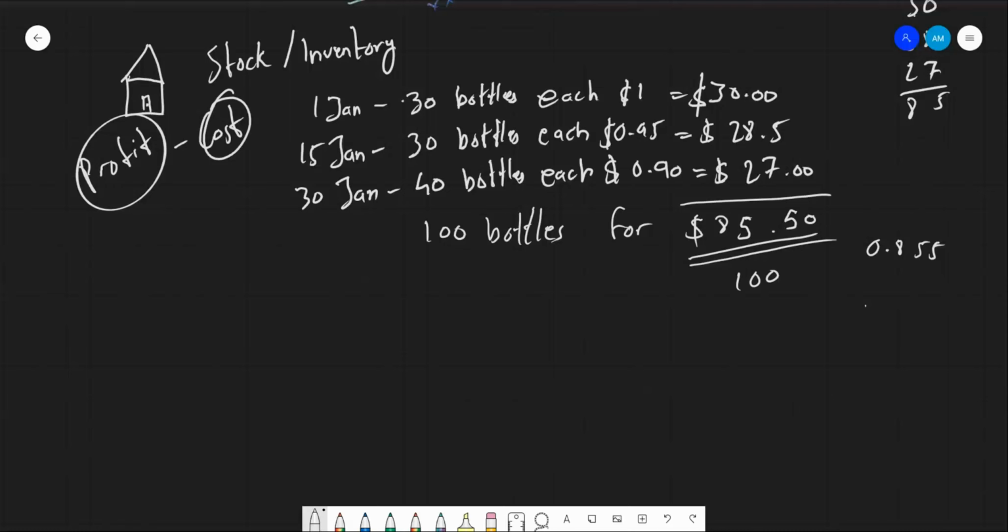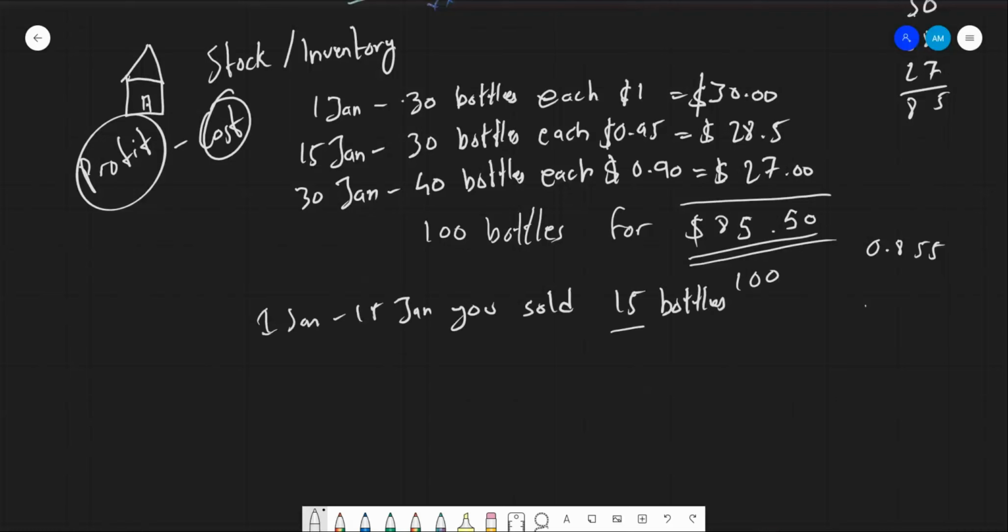But let's say during the month, obviously you would have sold some bottles. So let's say from the 1st of Jan to the 15th of Jan, you sold 15 bottles, right?